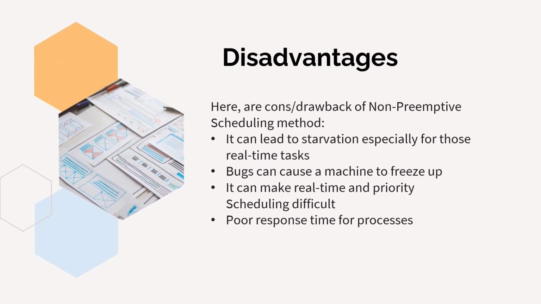Here are some disadvantages of non-primitive scheduling. It can lead to starvation, especially for those real-time tasks. Bugs can cause a machine to freeze up. It can make real-time and priority scheduling difficult. Poor response time for processes.